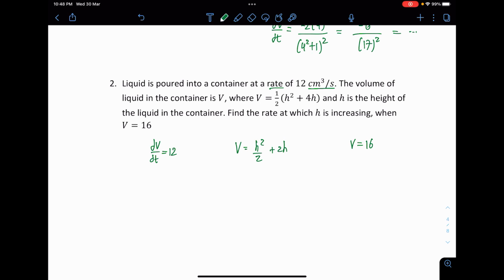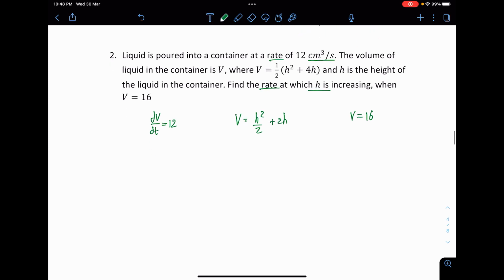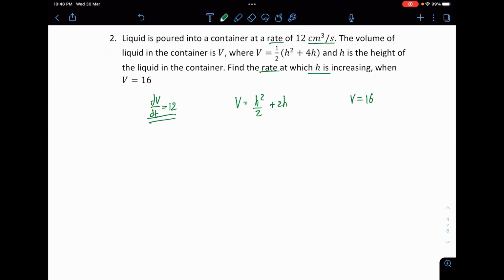The question is asking you to find the rate at which the height is increasing. Now let's start. These 3 pieces of information are going to be useful. Remember, anytime the question gives you an equation, the only purpose is to differentiate it. That's our dV/dh, which will be useful.